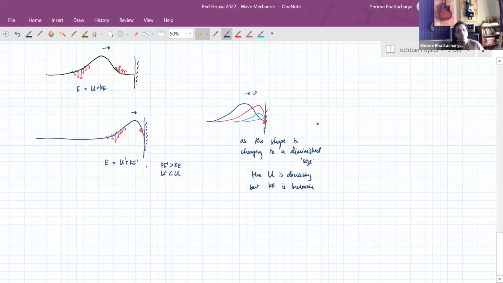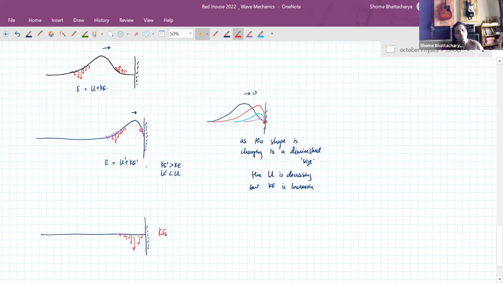So finally, when it reaches this position here, where the string is flat for an instant, it has zero potential energy, but these particles are on their way down at a very high velocity. Okay.